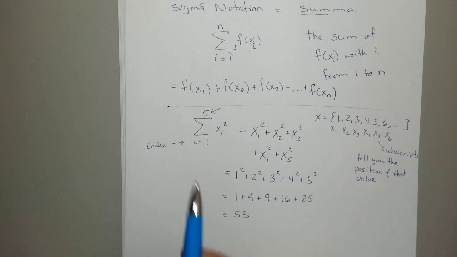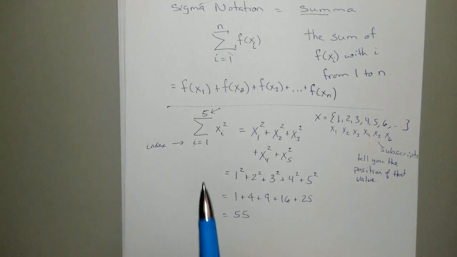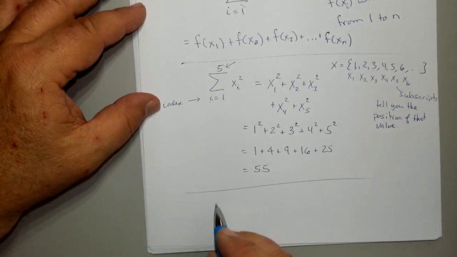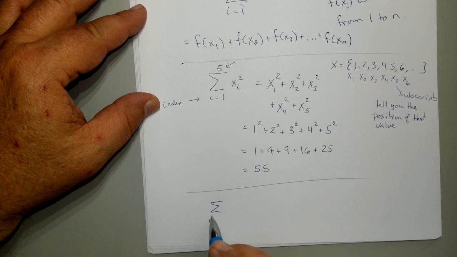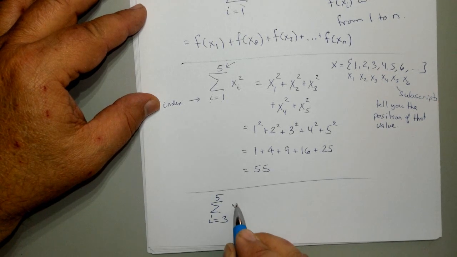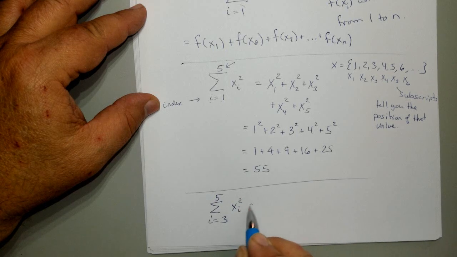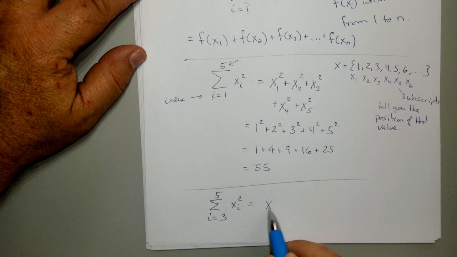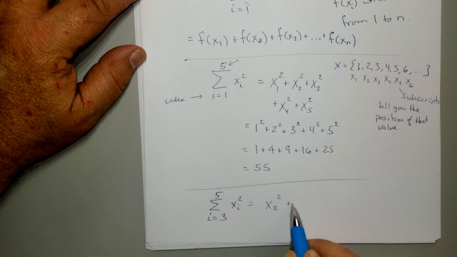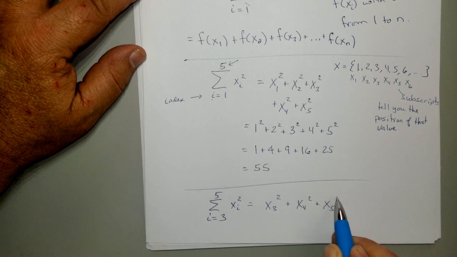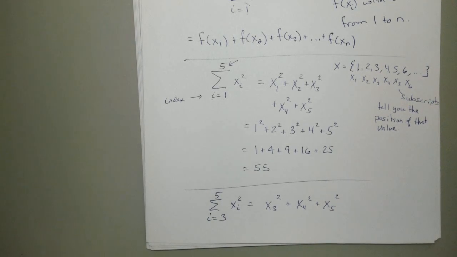Yes, these are my counters. Because, I'm glad you asked, I could also give you this set where I'm starting at my third data point and stopping at 5.